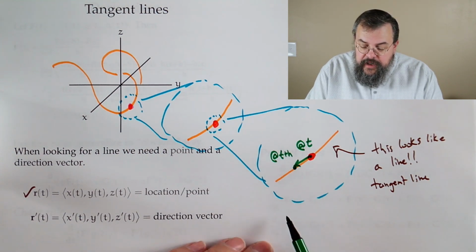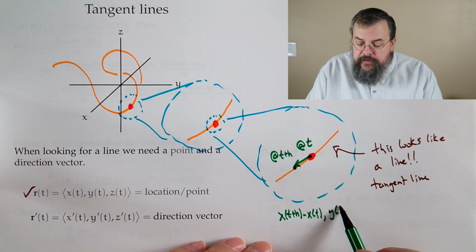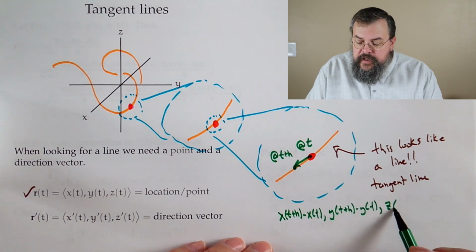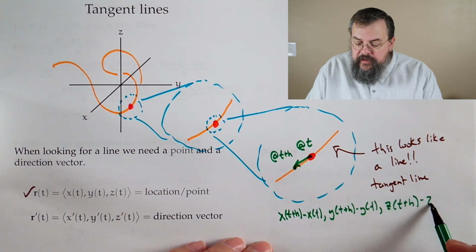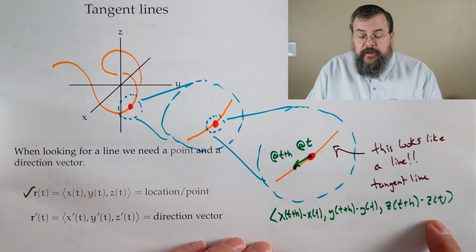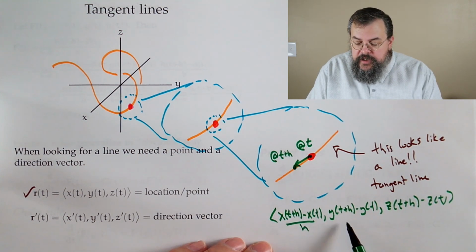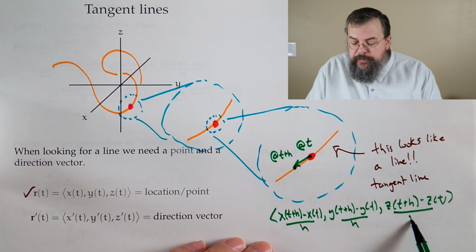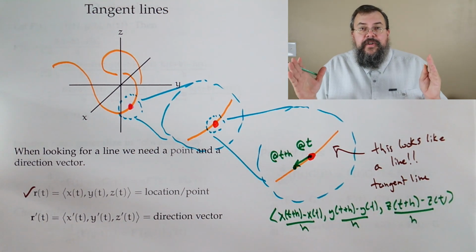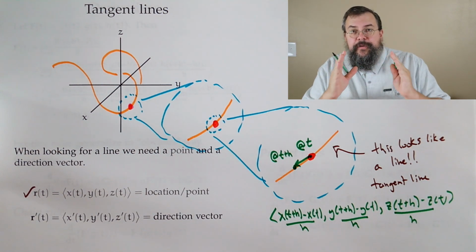And if we look at it, that vector looks like, just entry by entry, x of t plus h minus x of t, comma, y of t plus h minus y of t, comma, z of t plus h minus z of t. So you just take the difference in each entry. And now if you divide by h, that just helps it scale, because otherwise if you don't divide by h, and you let it get closer and closer, it's going to become a zero vector.